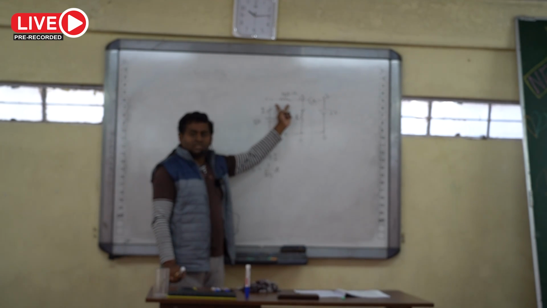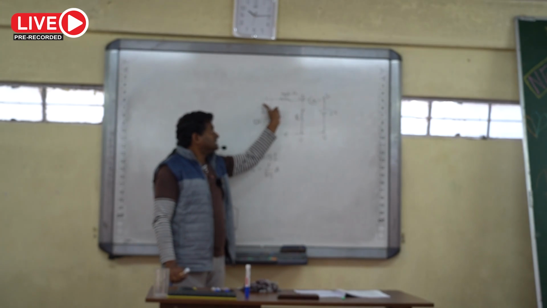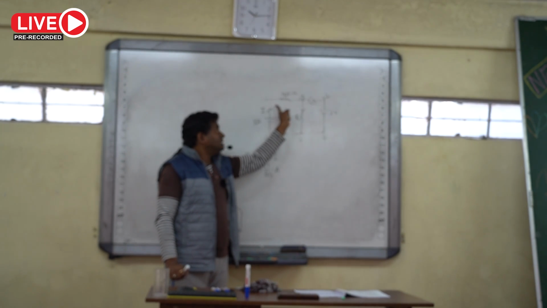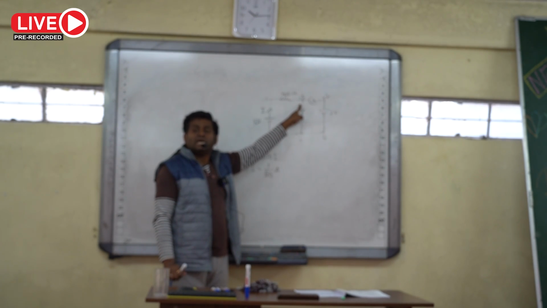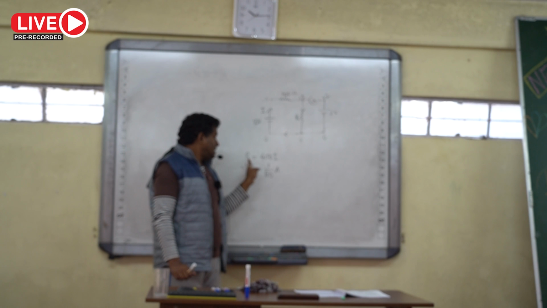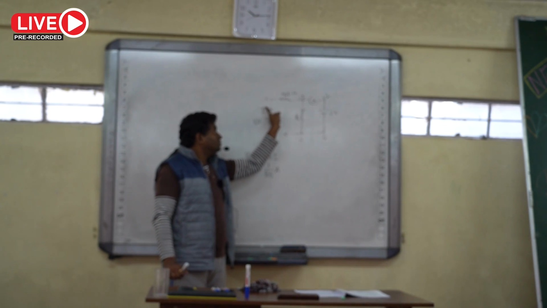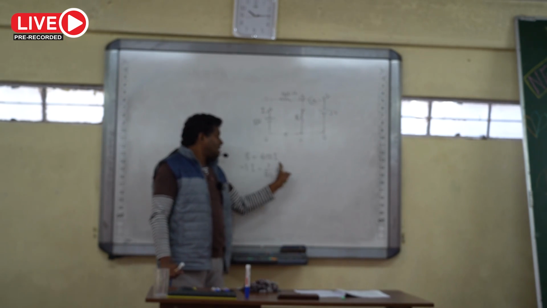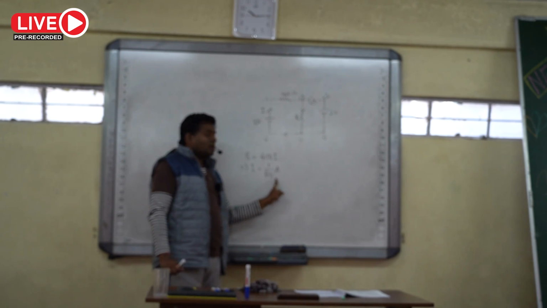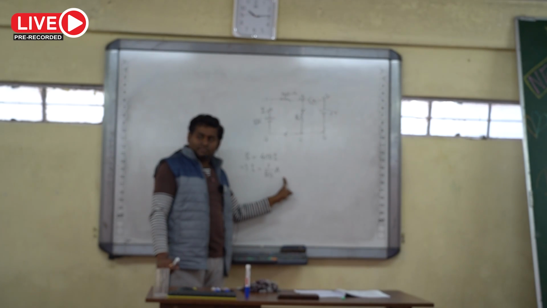Potential difference across this resistor. This is 10, this is 2. So high potential minus low potential difference is 8 volt. So 8 volt will be equal to 400 into same current passes through this. So 400 I. So I equal to 1 by 50 ampere.